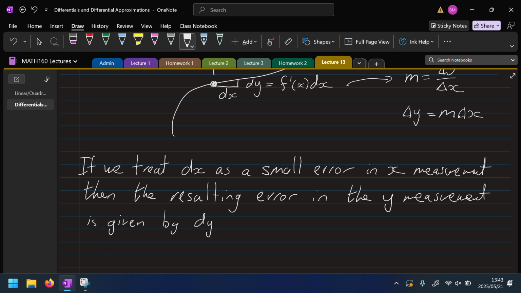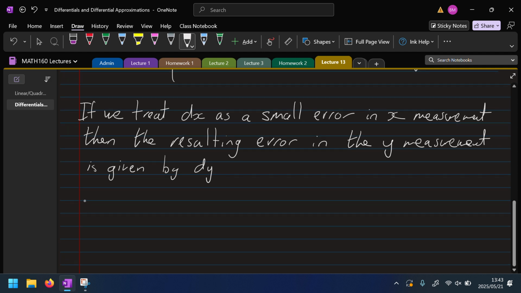So you've got your dependent variable and your independent variable. x is the thing you are measuring, the independent variable. Then there's going to be some output from that, which will be y. So if there's an error in your x measurement, how does that relate to the error in your y measurement? We'll have a look at an example now.